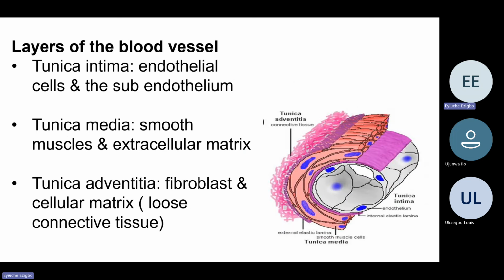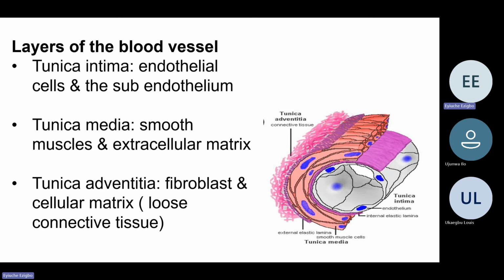When you look at the blood vessel here, the intima is the innermost layer, and the surface is covered with a single layer of endothelial cells, which we can see here. Supporting the endothelial cell is the internal elastic lamina composed of elastin and collagen.